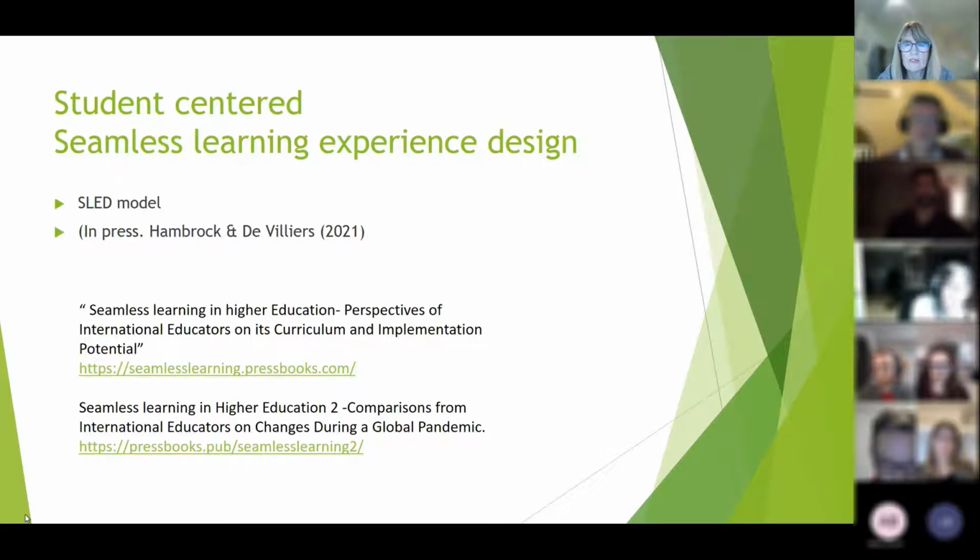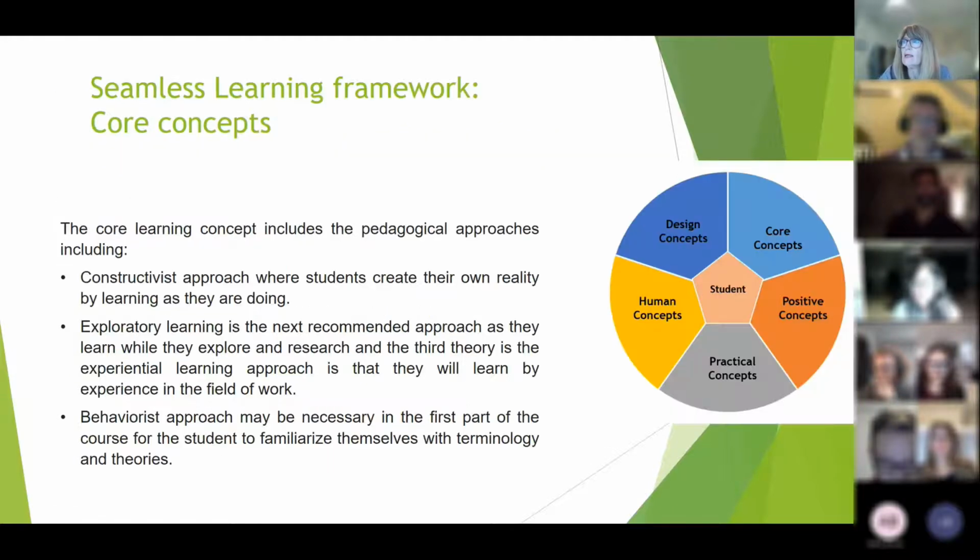And then we would ask, how ready was your course before COVID for seamless learning, and how ready was it during COVID? Because many people moved online. Well, most people moved online. And did anything change in that time from a seamless learning experience perspective? Yeah, and so it's really fascinating. I hope you have time to read the book. And this takes us to the seamless learning framework, which we then brought together.